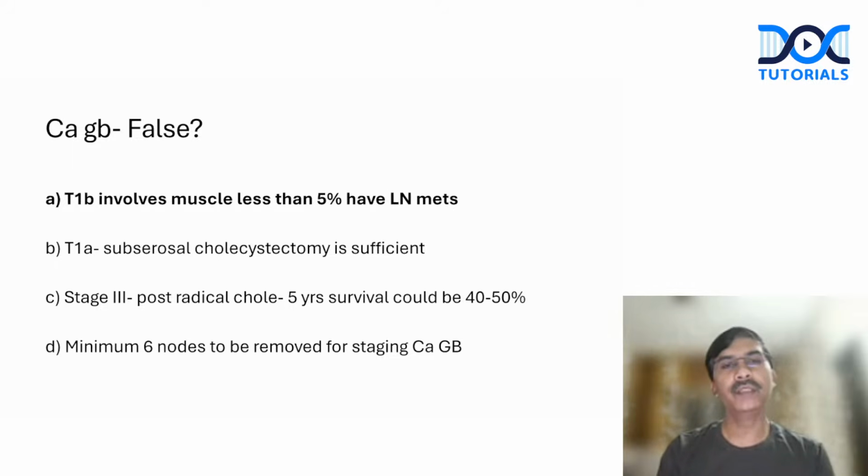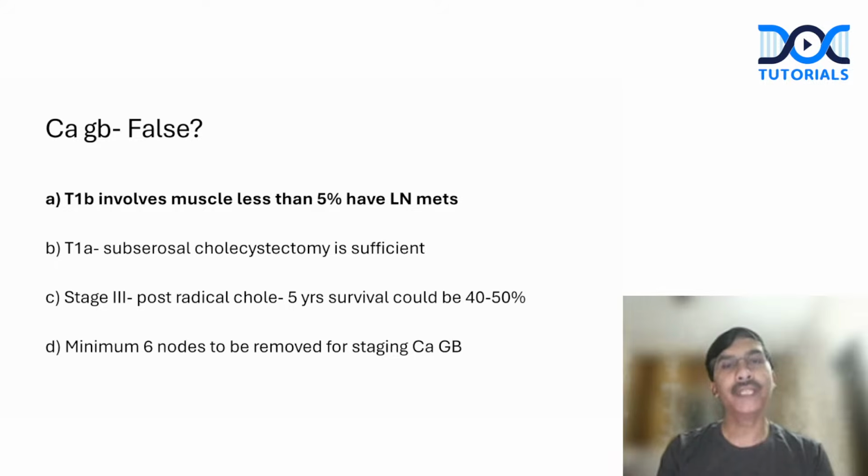So T1B, there is no submucosa for carcinoma gallbladder, and T1B does involve lymph nodes in almost 18% of the patients. And that is why these days the recommendations are slightly changing for lymph node or completion radical cholecystectomy in patients who present with T1B.